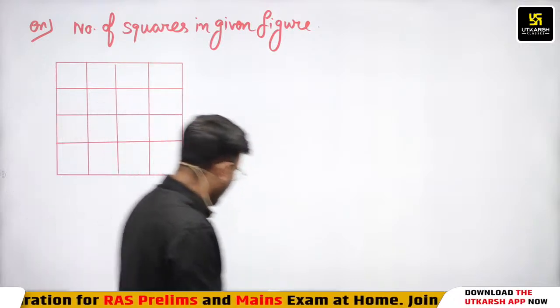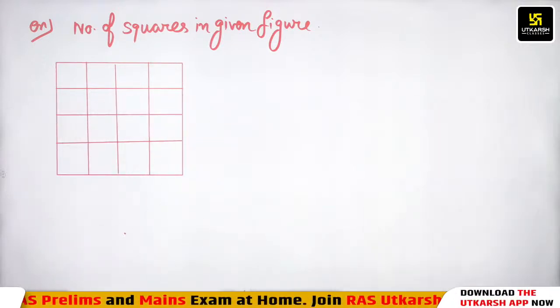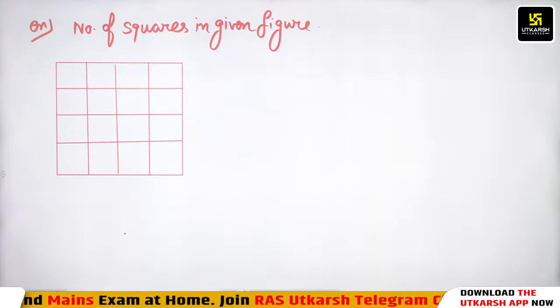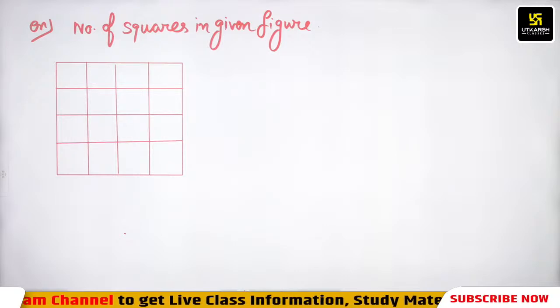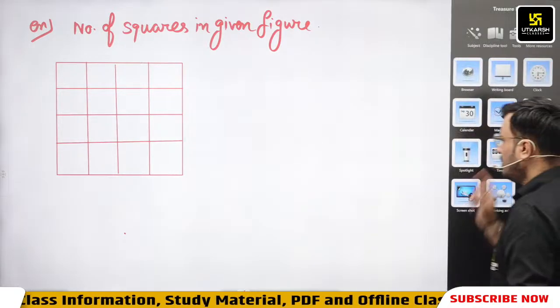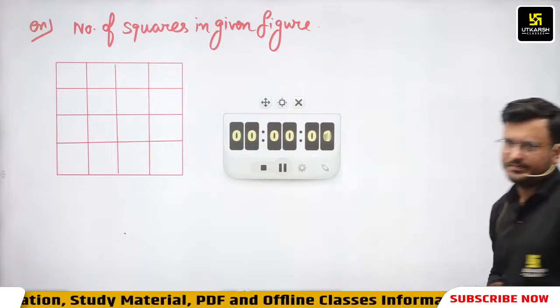Now try to figure out how many squares are there in this figure with the help of the trick in the previous example that we have discussed. I am giving you 60 seconds to figure it out.